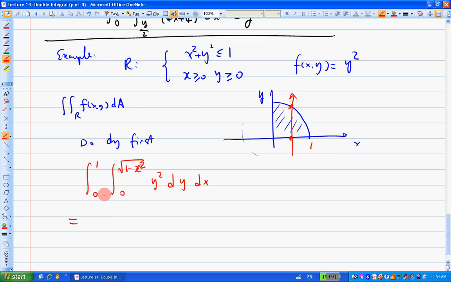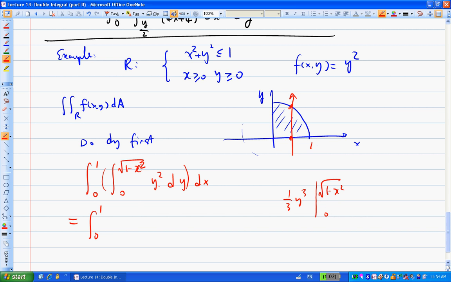But here comes the challenge. If I carry out the integral inside here, let's see what we have. This is y squared, so that's 1/3 y cubed, going from 0 to root of 1 minus x squared.